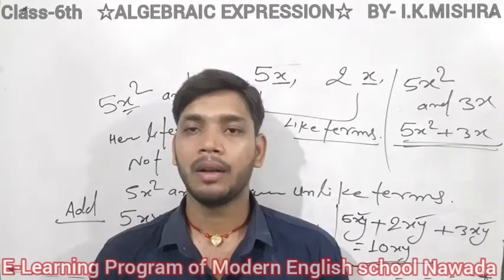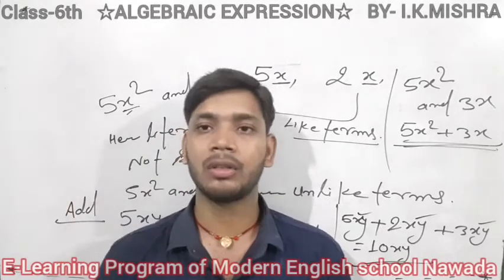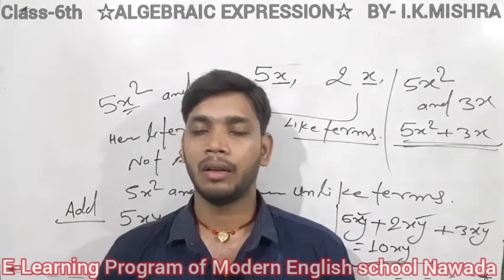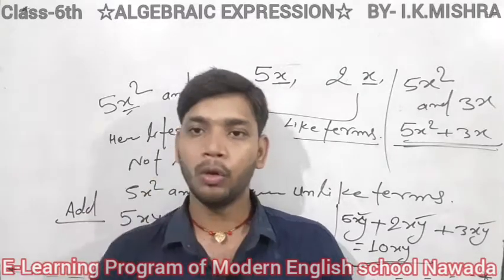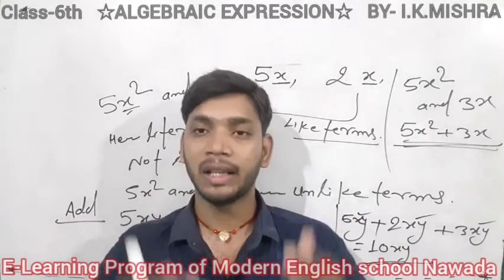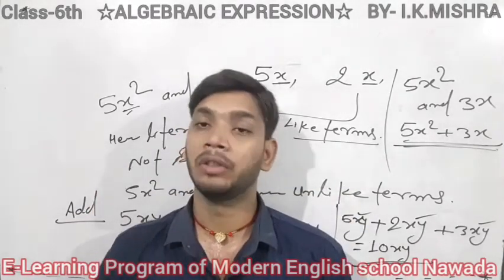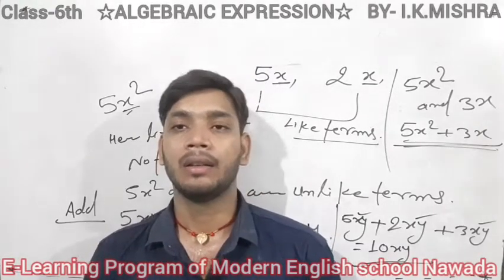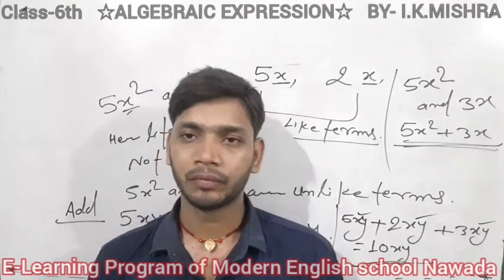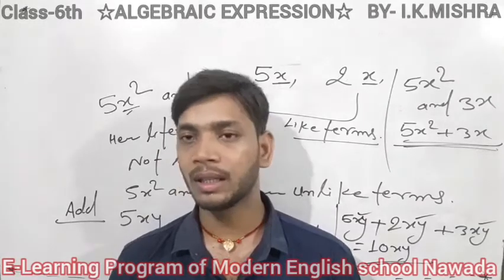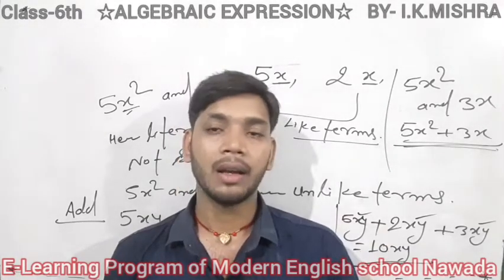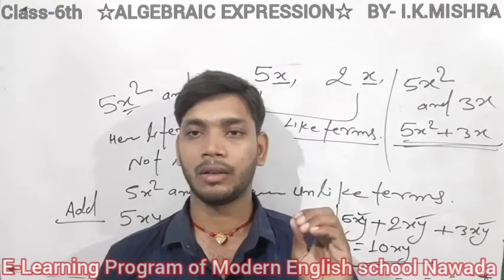And when algebraic expressions are written one below the other, that means in a column, then this method is known as the column method. Now I am going to discuss the column method and the row method.